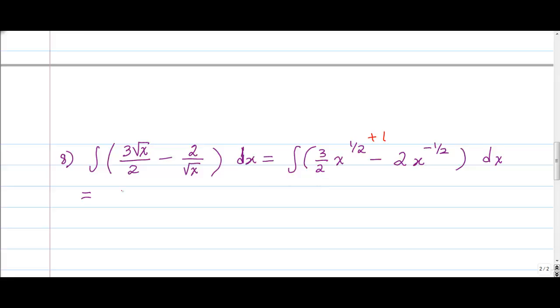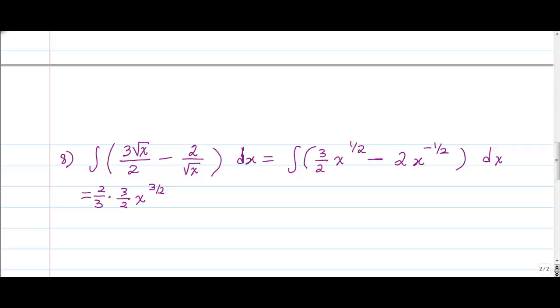So I have, let me erase this here. Minus, okay. So 3/2 x to the 1/2 plus 1 is 3/2. And then I have to divide by 3/2, which is multiplying by 2/3. Okay.